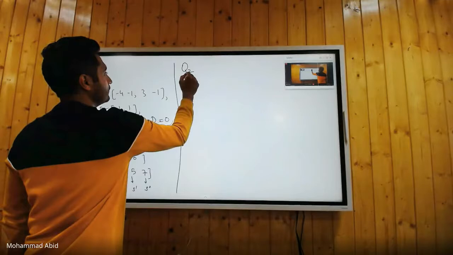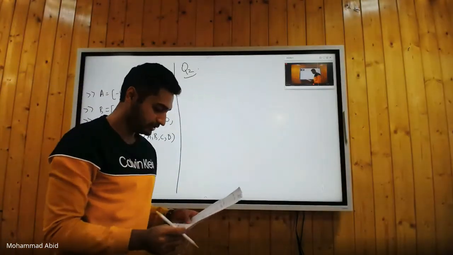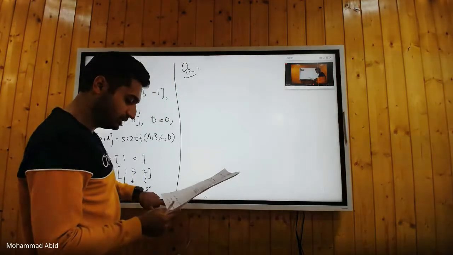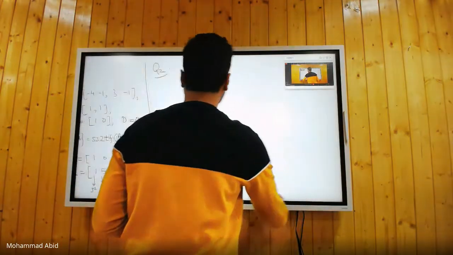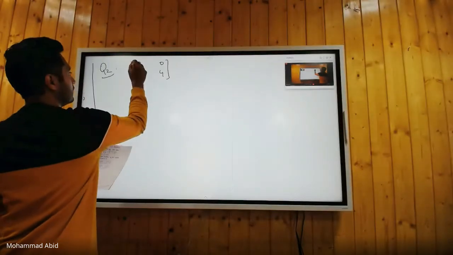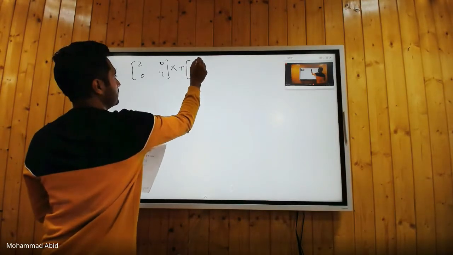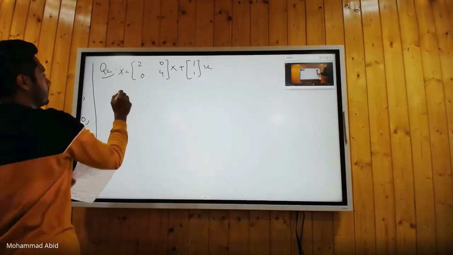Coming to question 2 now. Question 2 was: for the system given with u(t) as unit step and zero initial state, find y(t). Again, this question was to find the solution of the state space. You have x dot equals 2, 0, 0, 4, times x plus 1, 1, times u.